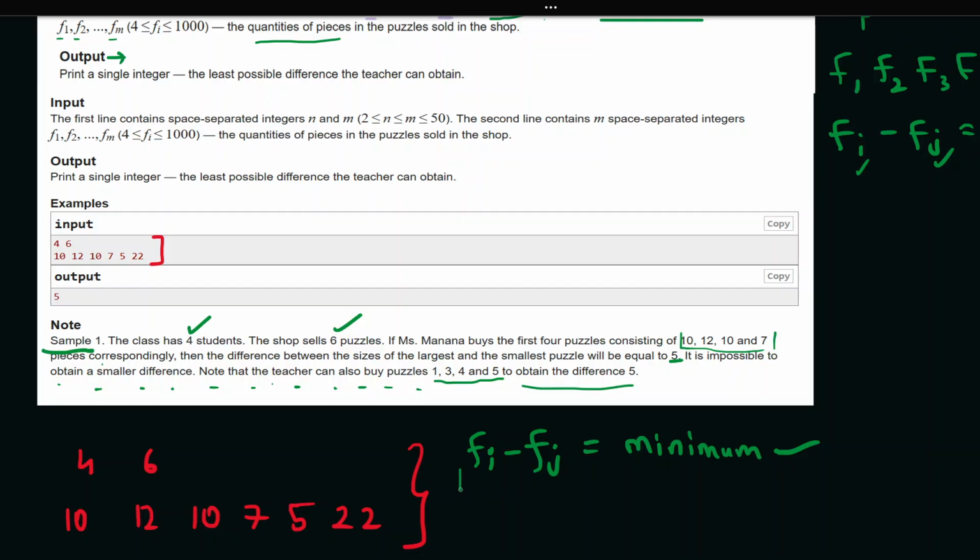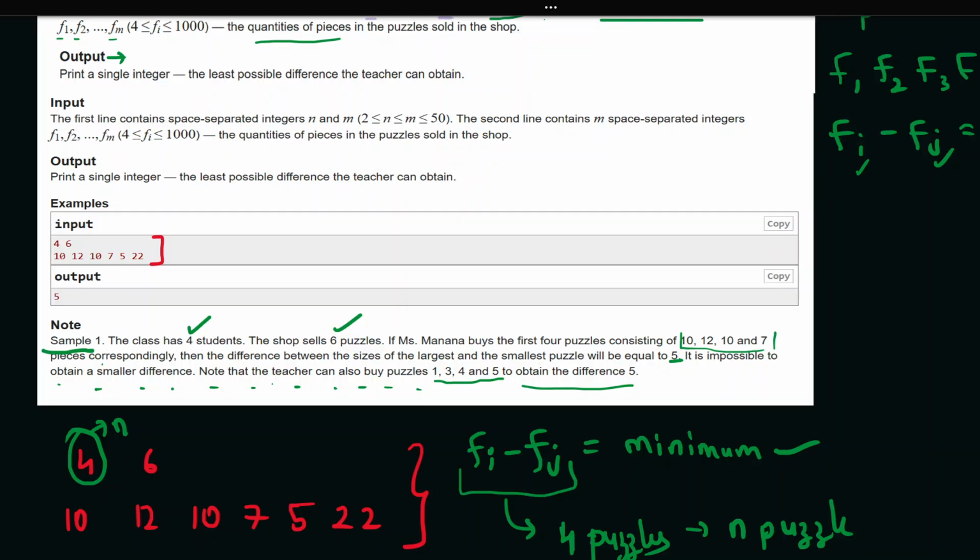So also for this fi minus fj, between them there should be, in total, 4 puzzles, right? Because there are n number of students. So there should technically be n puzzles. In this case, it is 4.